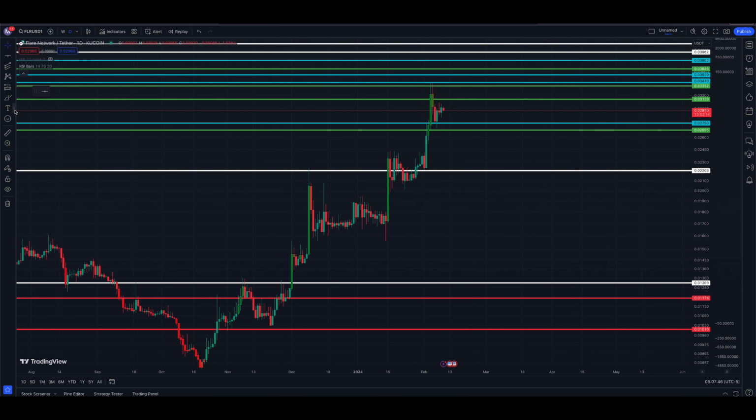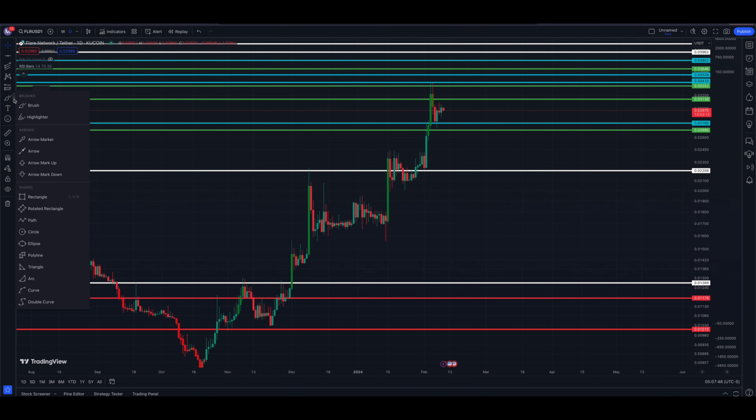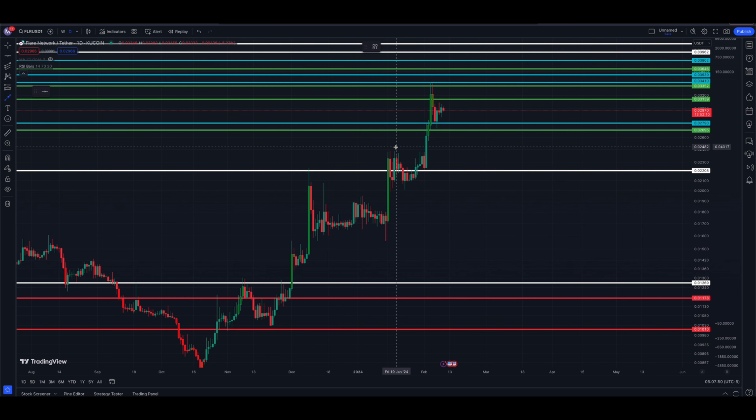Well, as you see on the chart here, we have all of these colorful levels. The colors don't mean anything. They're just different colors to help them not all blend in. They just represent different price levels. So as price trades here, you can see, for example, the 2208 one.